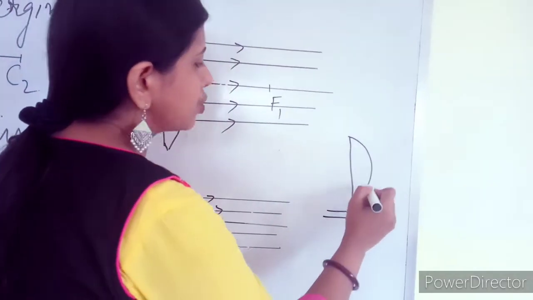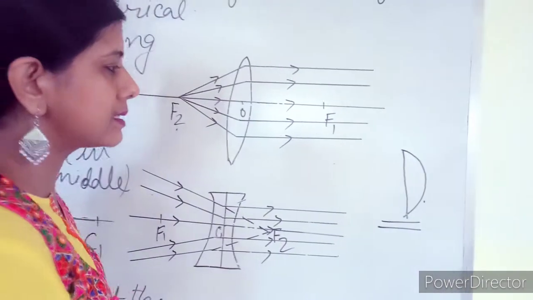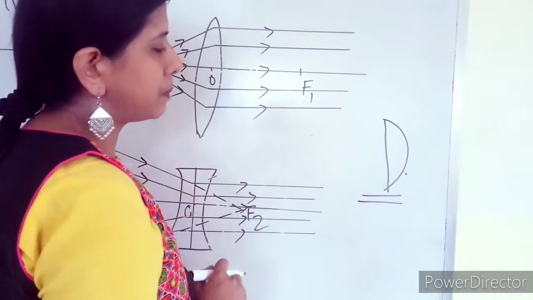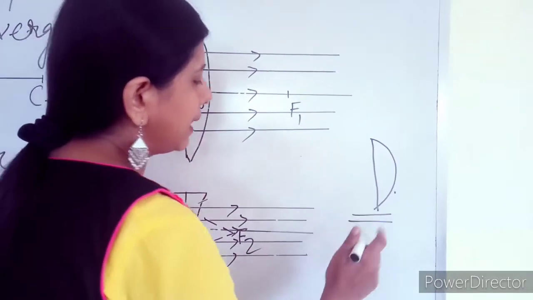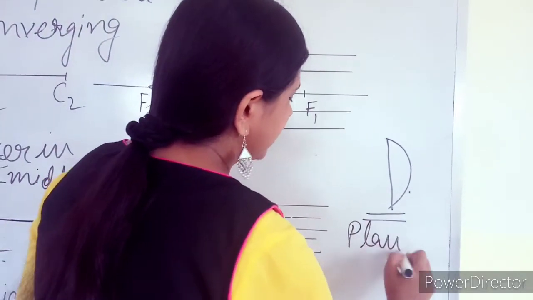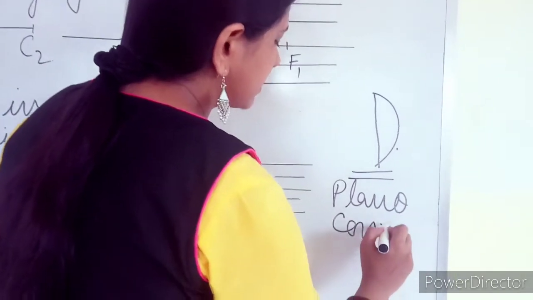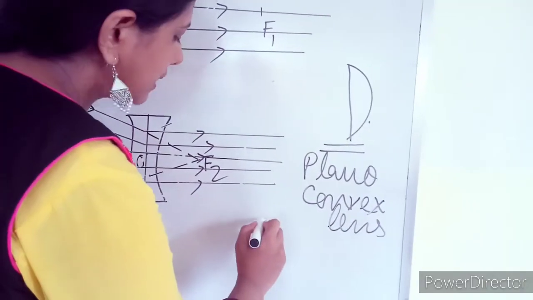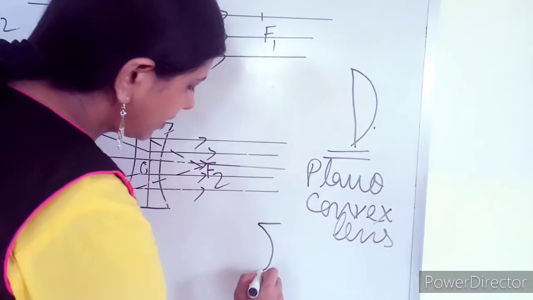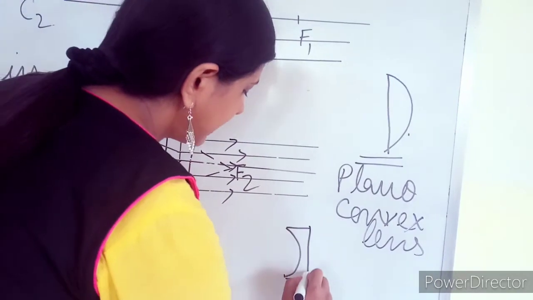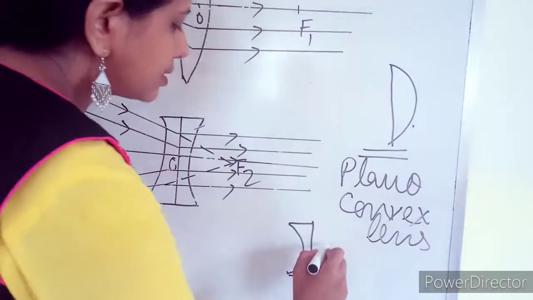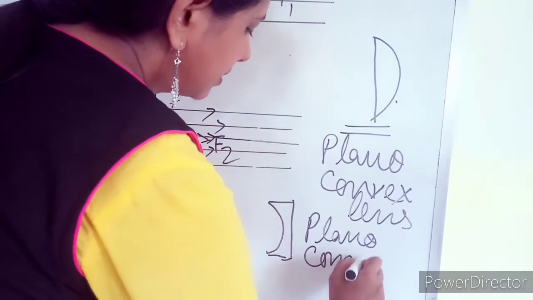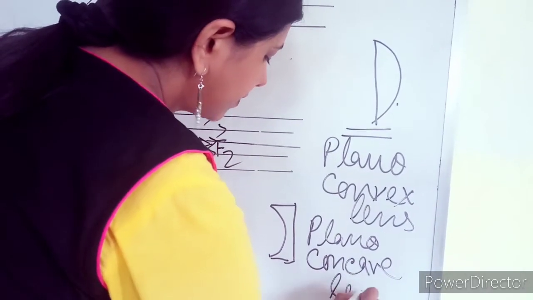This is one type of convex lens, where one surface is spherical and another surface is plane. This is known as plano-convex lens. Similarly, if one side is concave and another side is plane, this is known as plano-concave lens.